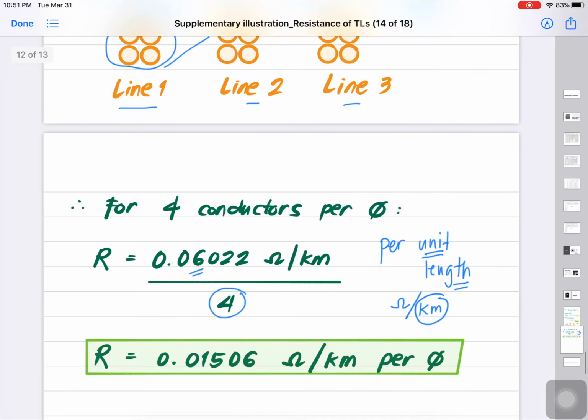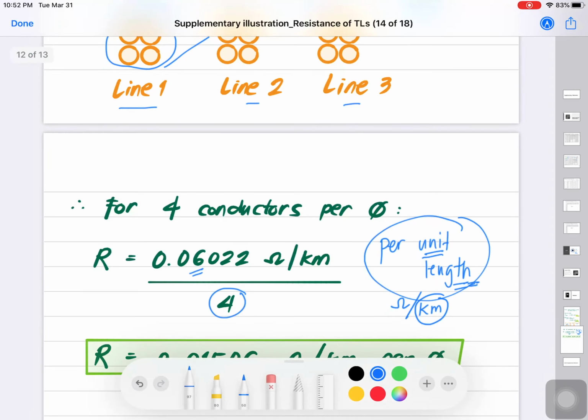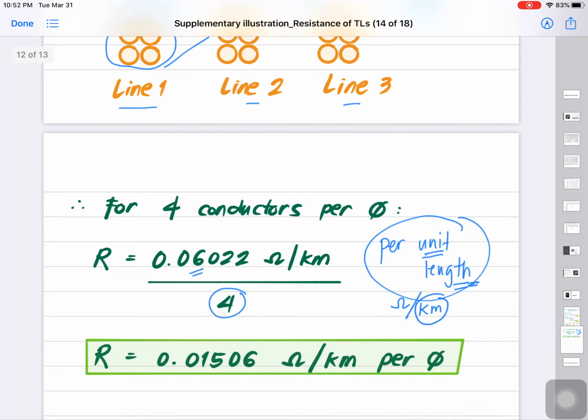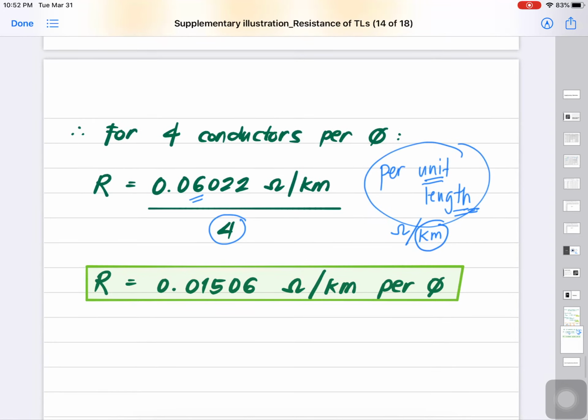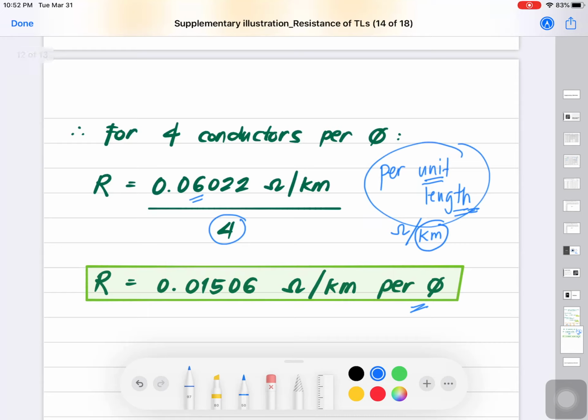So, no need to divide by 4. Kasi yun na yun. Yung resistance that we had from the table, yun na yung resistance representing the conductor per unit length. Okay? So, this is the key, no? That's the key word, yung per unit length resistance. It's always like that. Okay? So, that's why our resistance, the AC resistance, particularly 60 Hz resistance in ohm per kilometer per phase is this one. Okay?